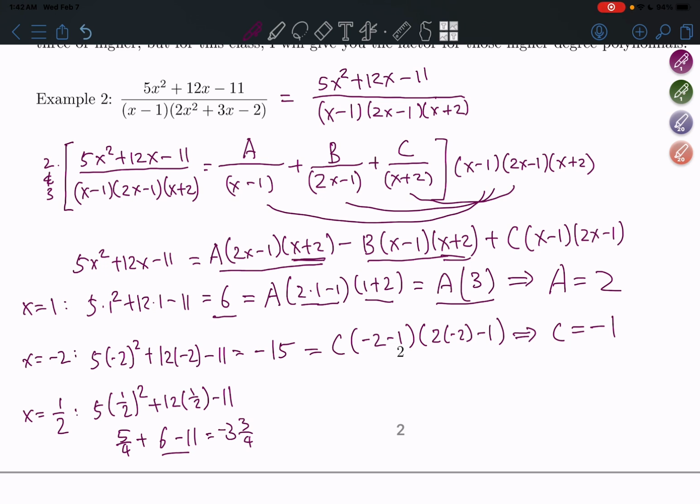Double check. I guess we're 17 over 4. That's okay too. Sorry, 15 over 4. We're negative here already, so we're negative 15 over 4. Writing it as this type of fraction is a little bit better, compared to a mixed fraction.